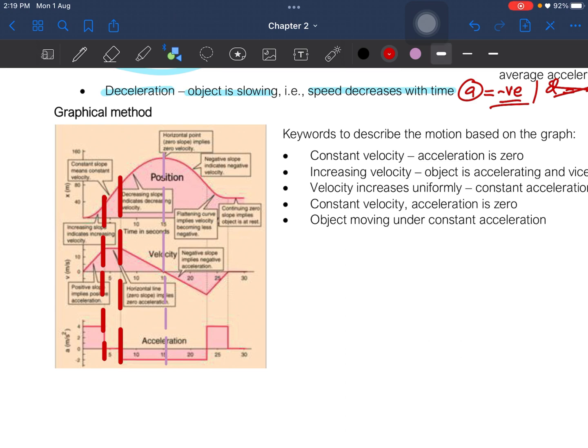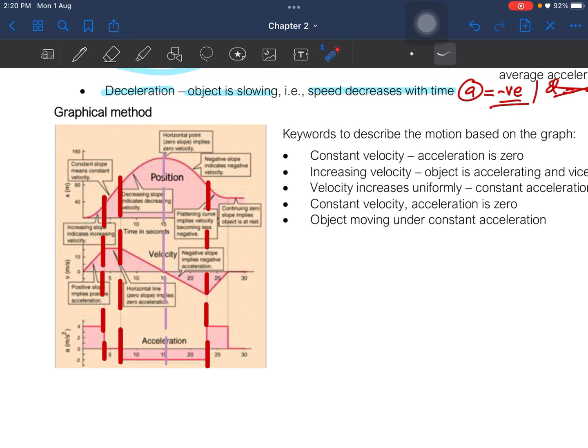Okay, next is, what? At this point, we can see that this curve is flattening, which is telling us that the velocity is becoming less negative. So it is going to 0, like it's going to slow down and then go to a stop.